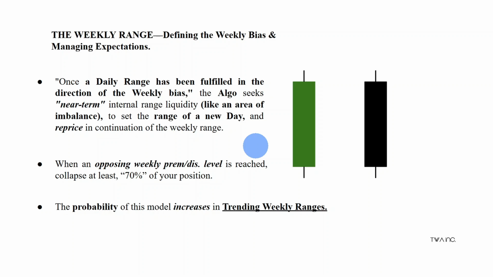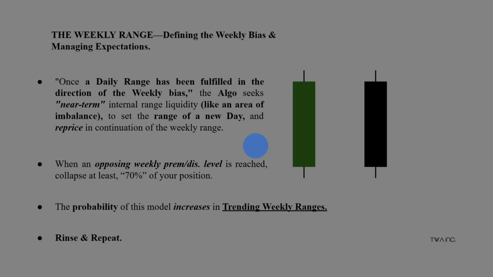And that's what Michael would always describe as the quarterly shifting the market, and all of that. But like I said, to preserve the integrity of this presentation, I can't teach everything, and we just have to stay with the weekly range. Now, you rinse and repeat.